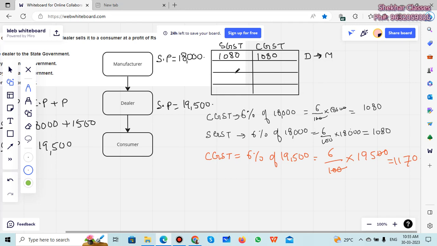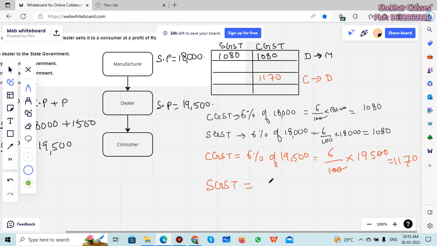Right here, this is the consumer-to-dealer tax, CGST: 1170. And when we calculate SGST, although you have to write all of these in your notebook, if you don't write, you will lose marks.